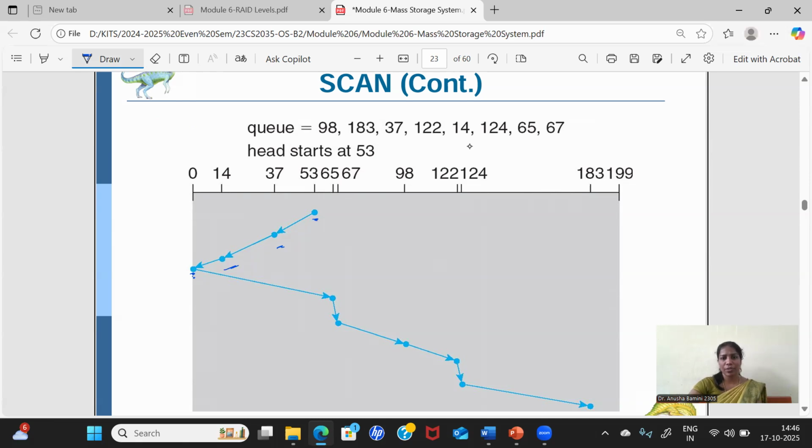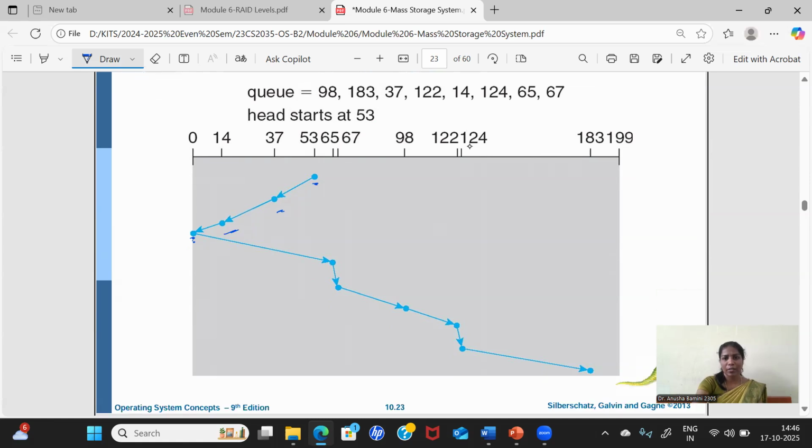From 53 to 0 it is traversing, then from 0 it immediately moves to 199. To reach 199, the requests in between also get traversed.